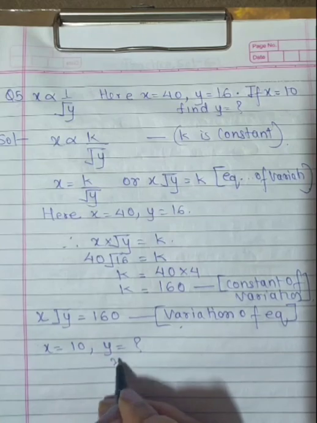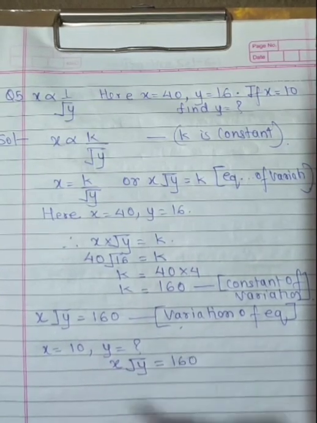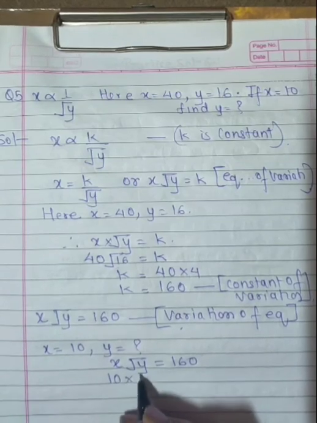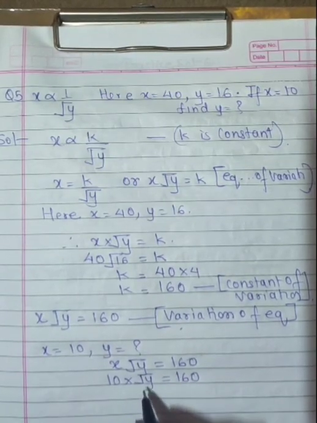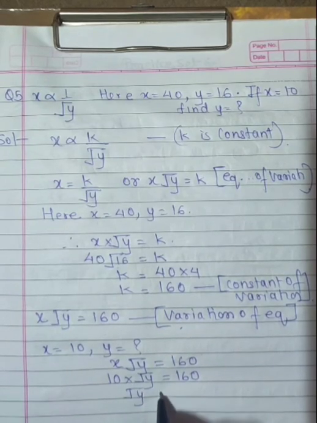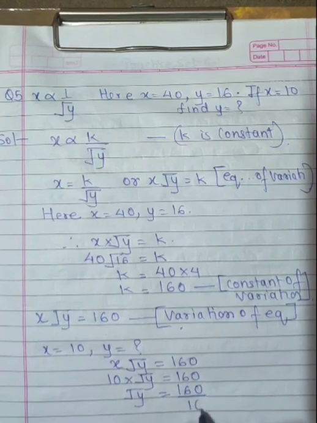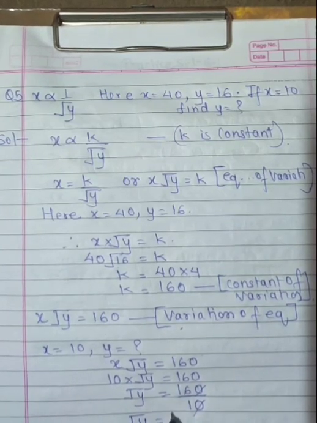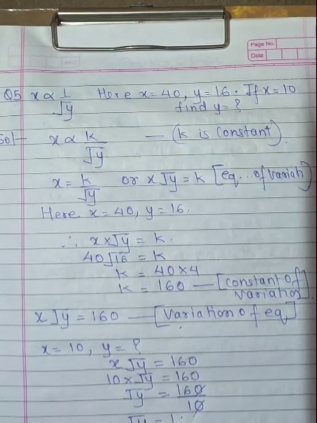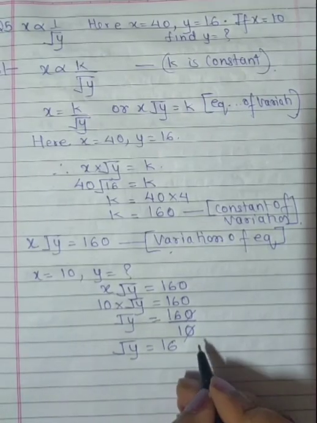Again I am writing the equation x√y = 160, so 10 × √y = 160. Then √y = 160/10, so √y = 16.